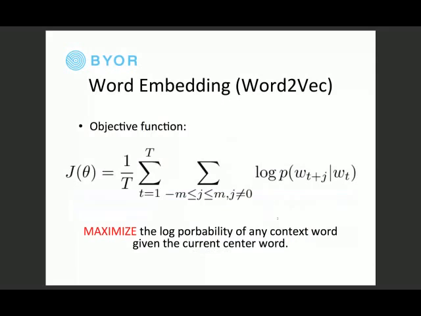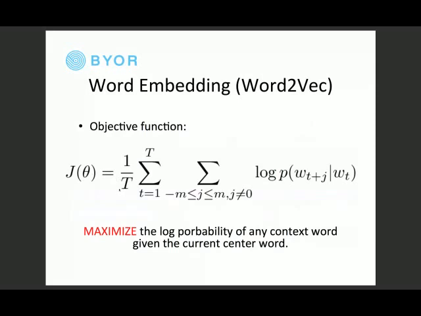And here's the objective function of Word2Vec. Here's a theta, a big T, a small t, and M, and a log probability. Here theta is all the word vectors, all the variables that we are going to jointly optimize while we are reading the corpus. And this big T is the number of tokens.